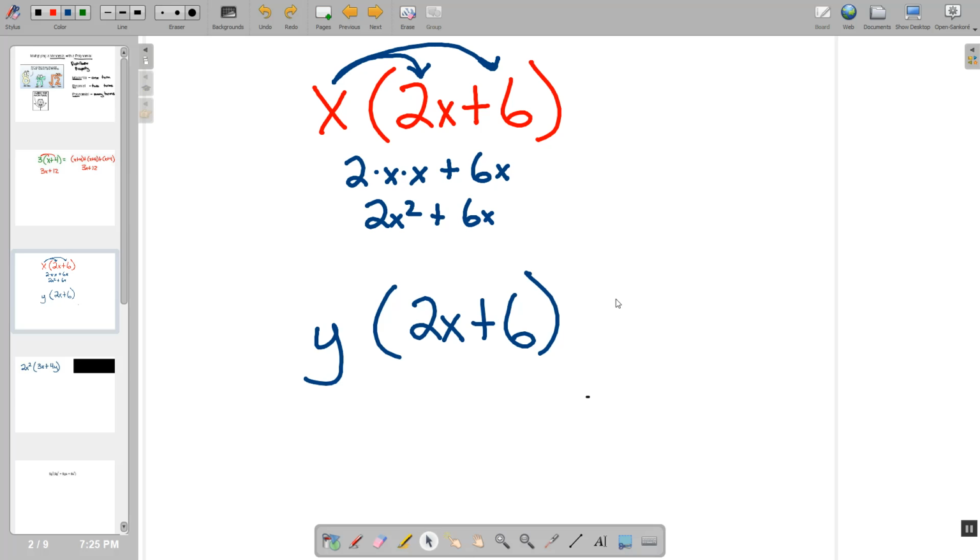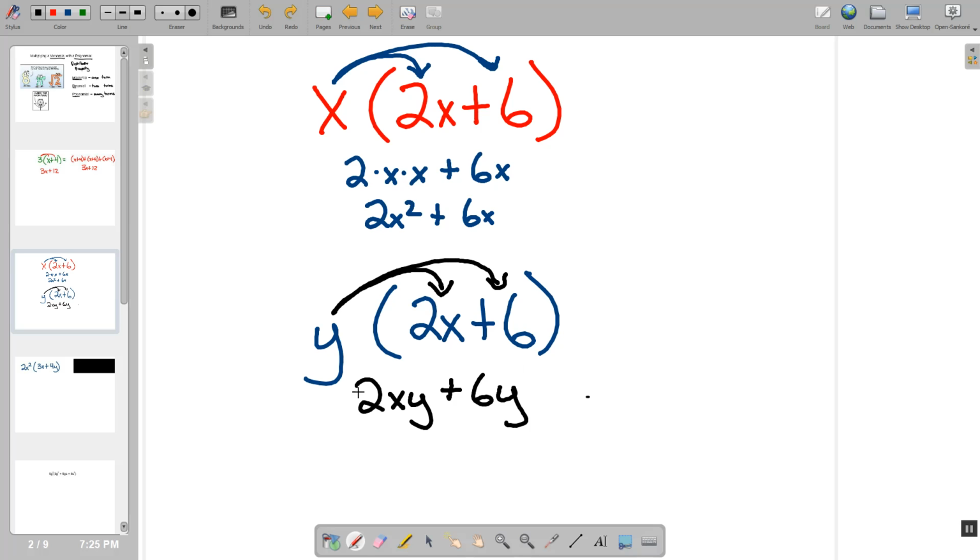As we get to a problem that's slightly more difficult, we have y times 2x, and this is where it's a little bit different, because before we couldn't combine y's and x's. Here we're not combining them, we are multiplying them together. So y times 2x is actually just going to be 2xy, or 2 times x times y. Then if we distribute our y to the 6, just like up here, we get positive 6y.